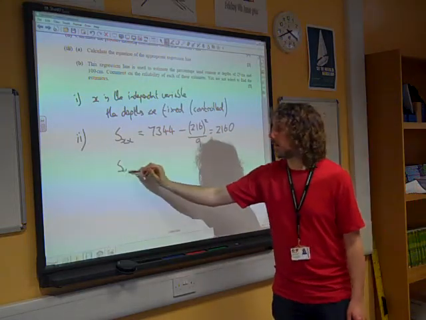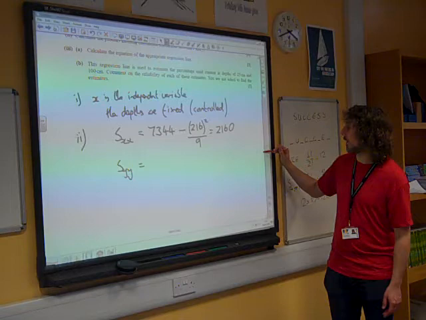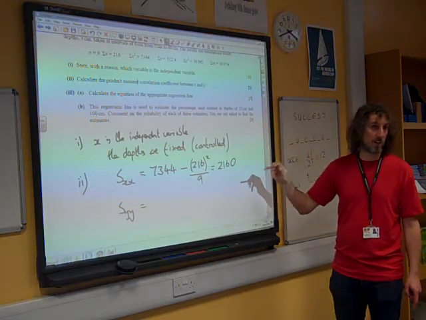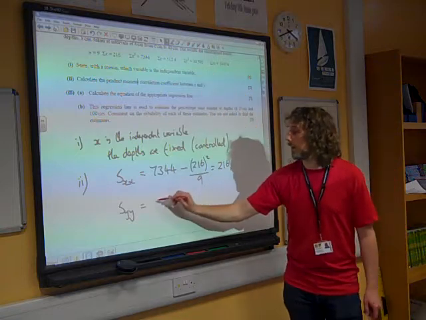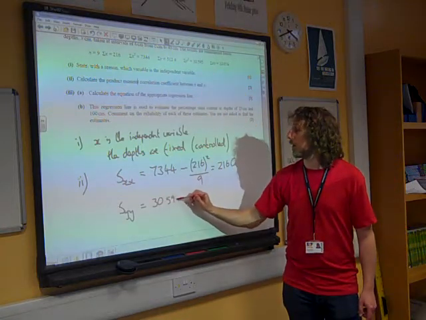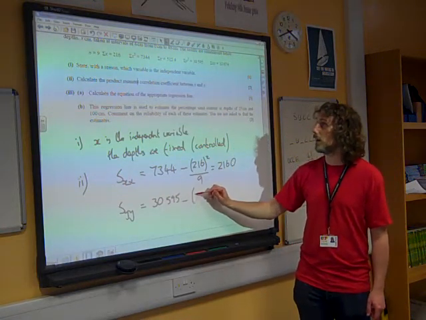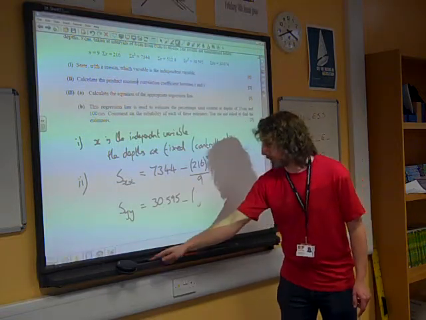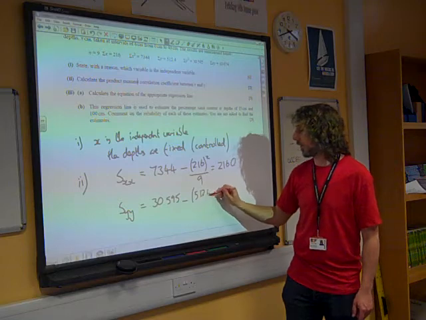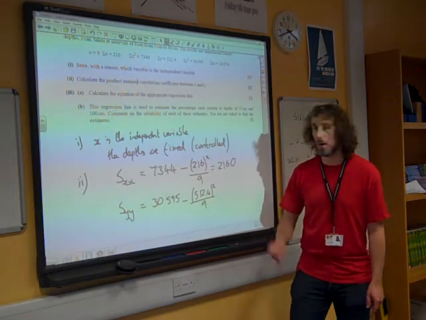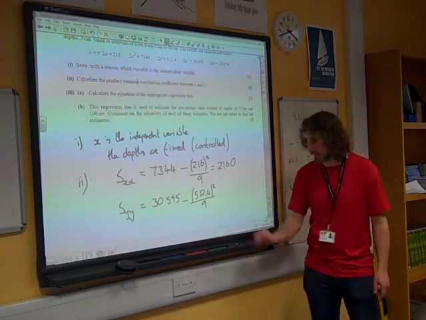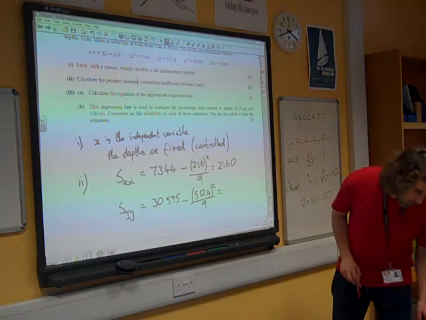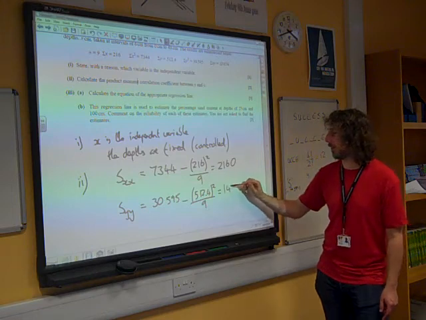Syy, again, taking the numbers straight from there. The formula booklet says it's sigma y squared minus sigma y. Where's sigma y? 512.4. When you square it over 9. Just being really careful to get the numbers in there correct. 1422.36.